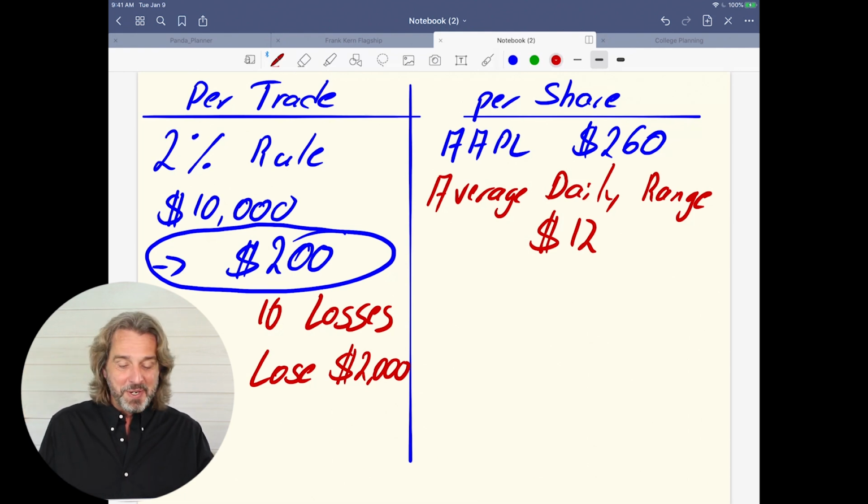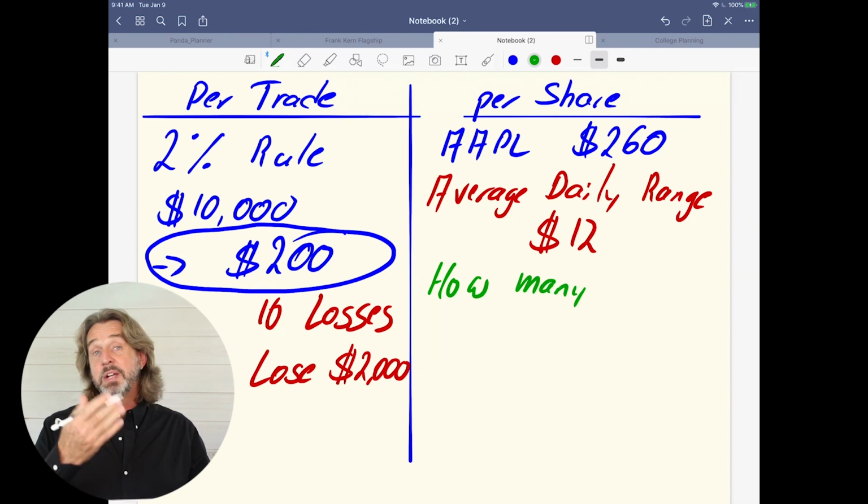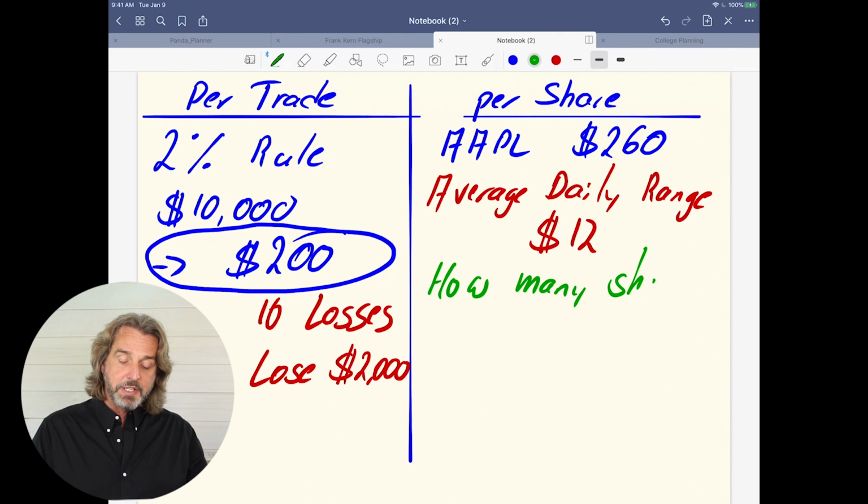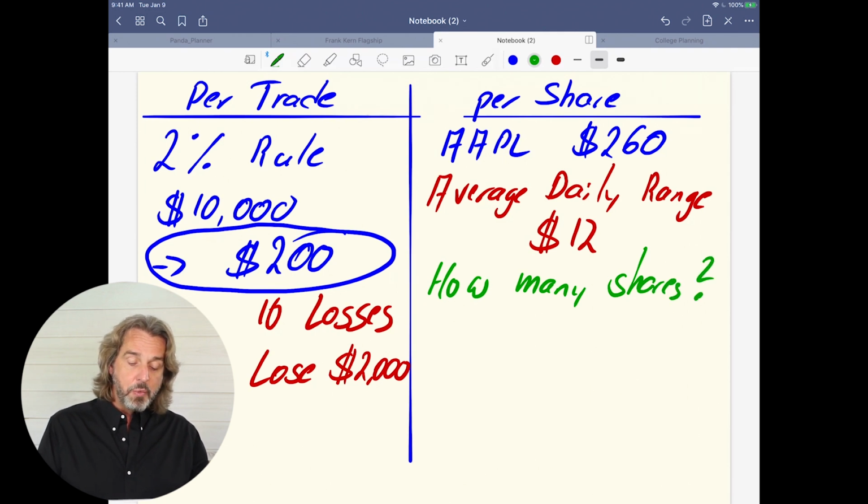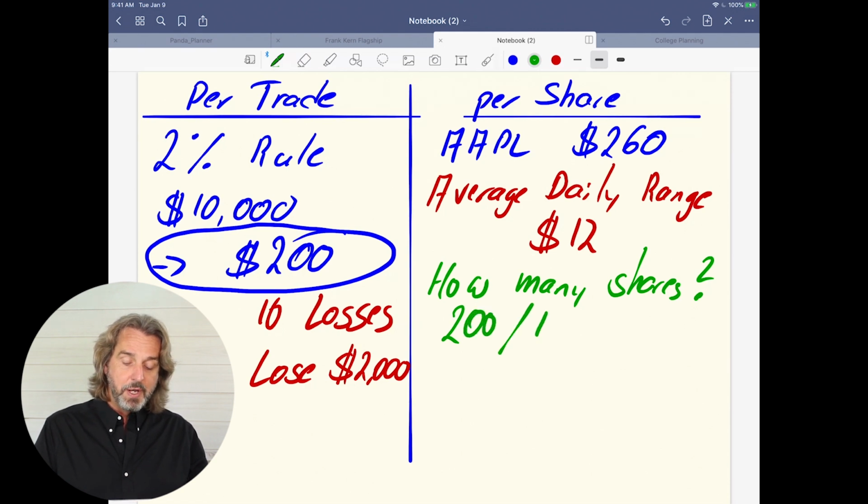This making sense? Good. So since we have the average daily range of $12, and now again we see overall on this trade, we want to risk $200. So how many shares should we trade of Apple? See, previously in the example of Tesla, we were trading 4 shares. And here we're taking the $200 that we want to risk overall and divide it by 12.